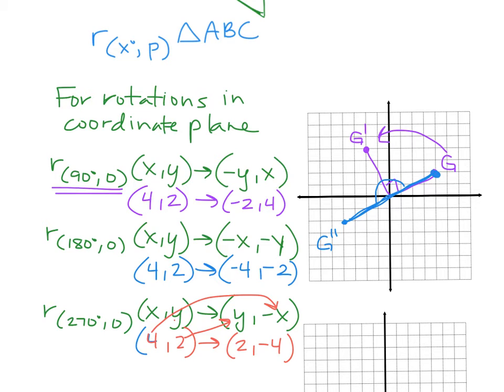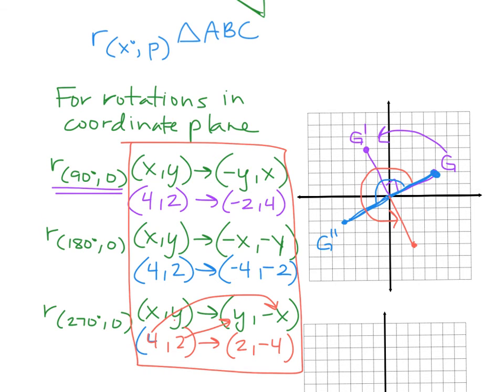So (2, -4). That makes this angle 270 degrees. Okay, so it'll always be the same numbers, just in different places or as opposites of what they were. But like I said, I will always give you the formula for this if we ask you a question like this. Okay, any questions on that?